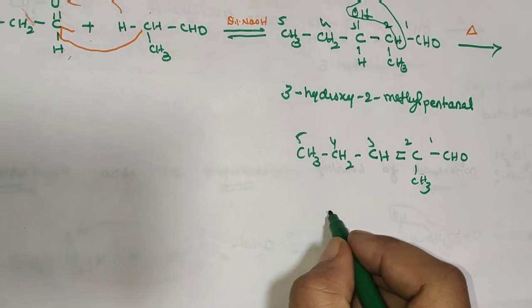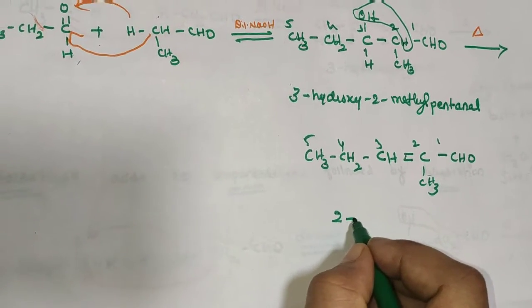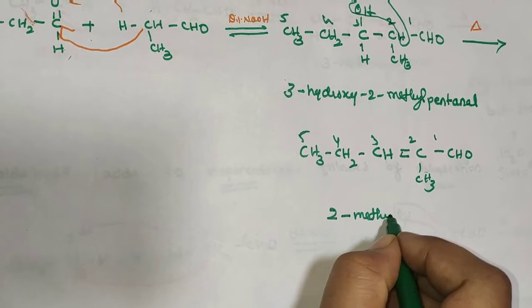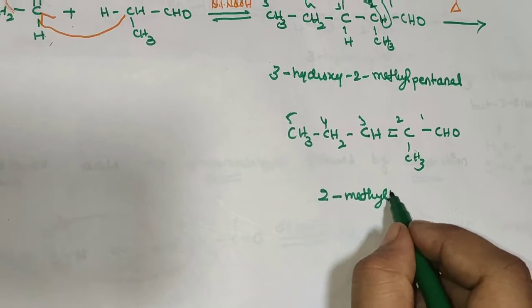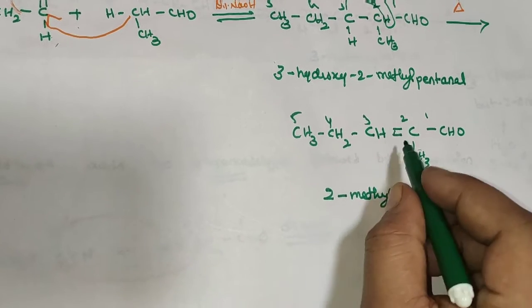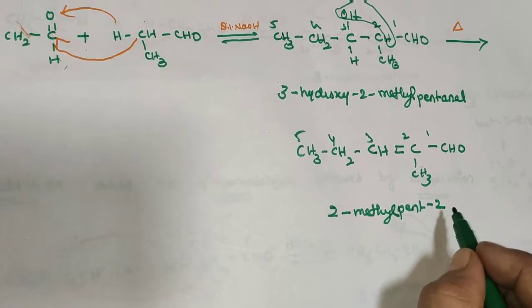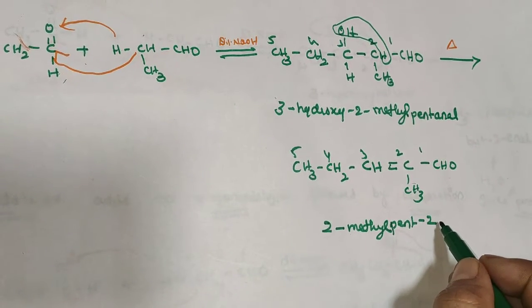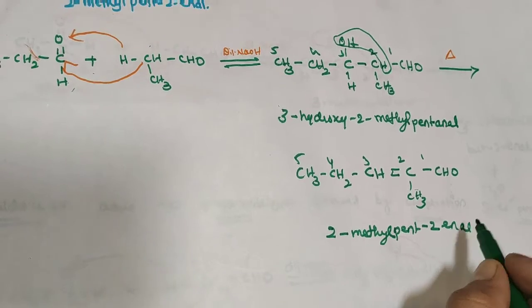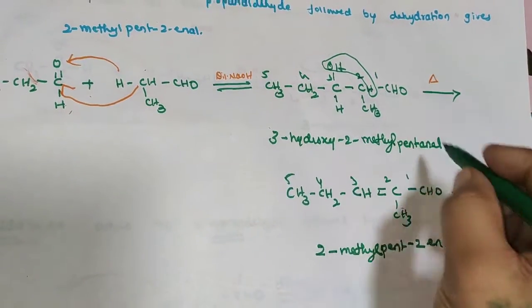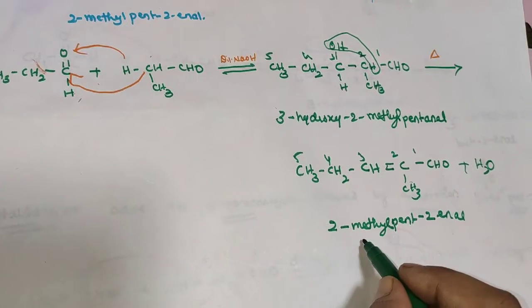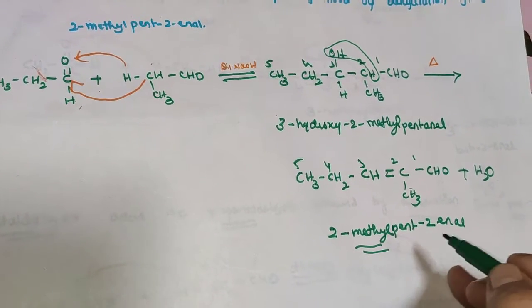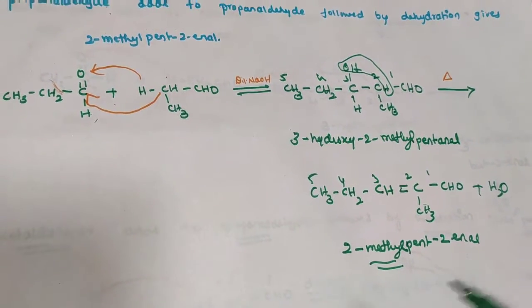So the product name is 2-methyl, 5 carbon atoms so pent, double bond at the second position so 2-en, and elimination of a water molecule is known as dehydration. So the third product is 2-methyl pent-2-enal.